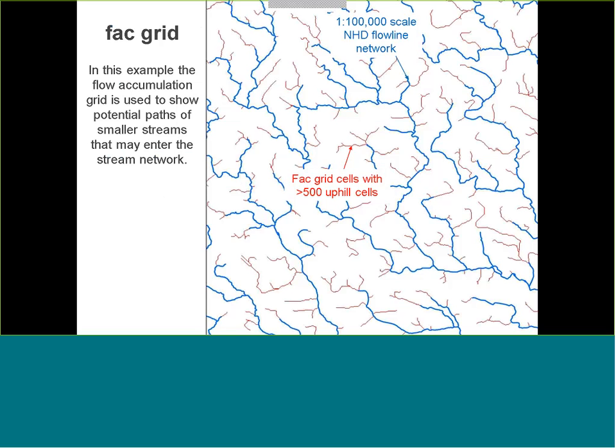The FAC grid cells with more than 500 uphill cells are identified in red. These red lines, or raster cells, indicate potential paths of smaller stream cells, and they are underneath the blue lines. Where they're not covered up by the blue lines, they show where potential smaller paths and smaller streams may exist.